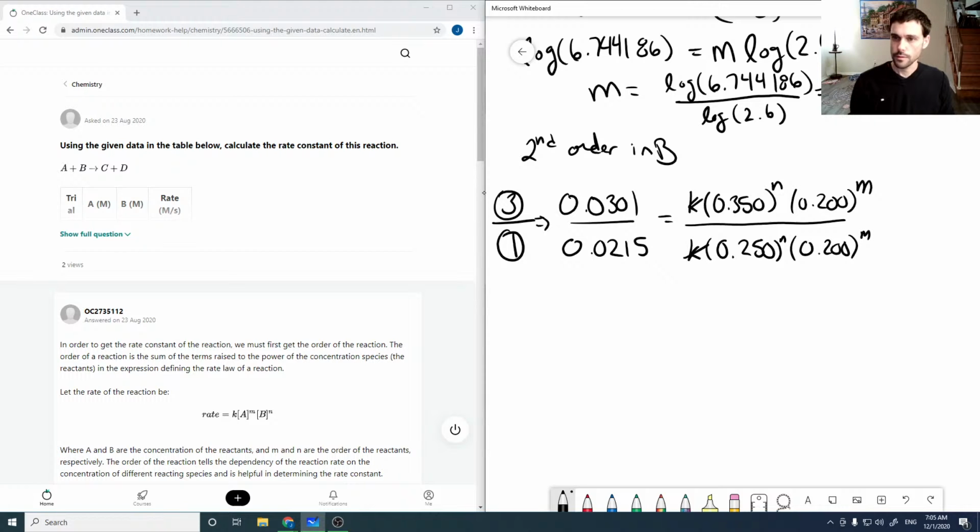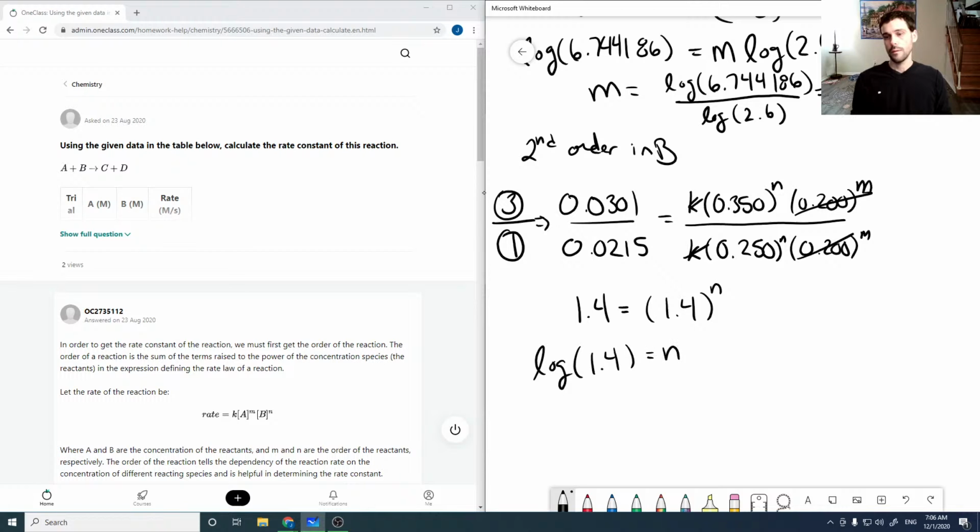Okay, so the K's will cancel, these guys will cancel. Running this through on our calculator, we get 1.4 is equal to 1.4 to the n, taking the logarithm of both sides and solving for n. And we don't actually need our calculator here because log of 1.4 over log of 1.4 is just 1.